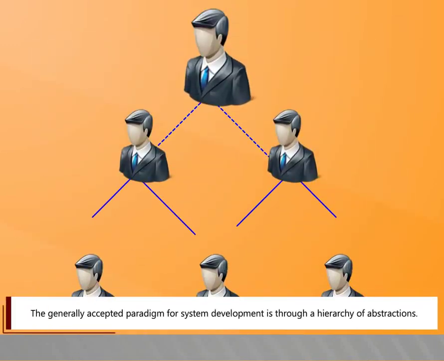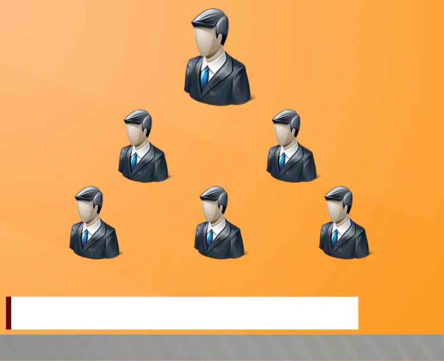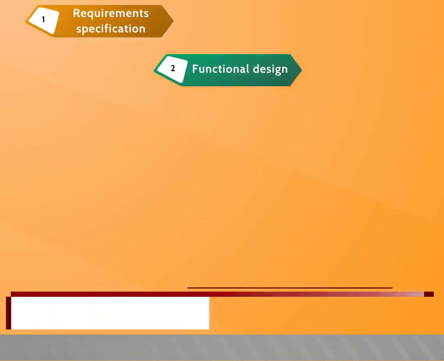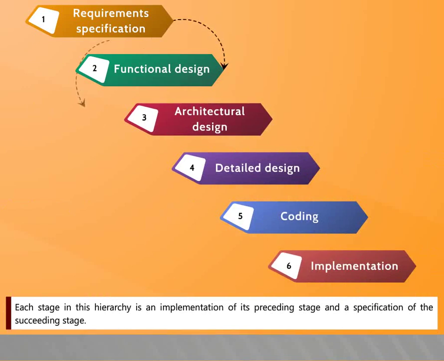The generally accepted paradigm for system development is through a hierarchy of abstractions. Each stage in this hierarchy is an implementation of its preceding stage and a specification of the succeeding stage.